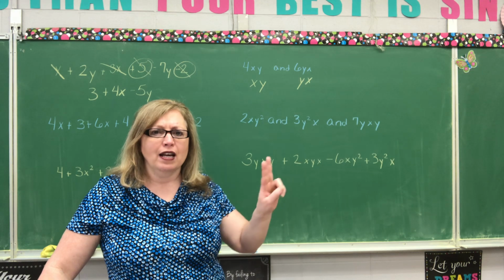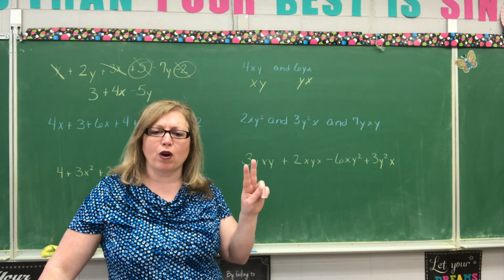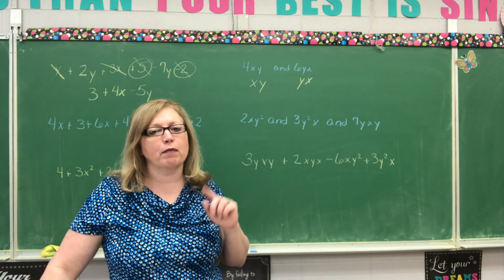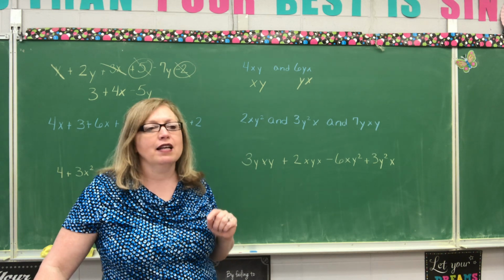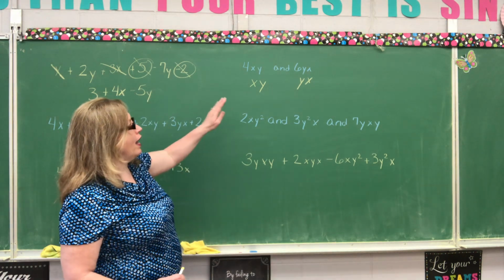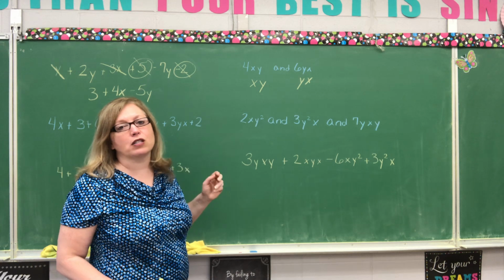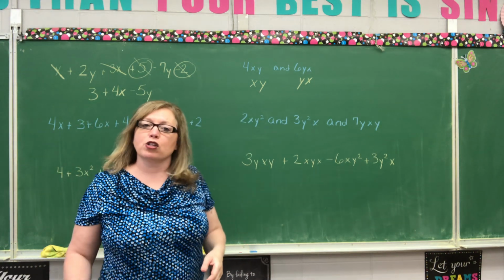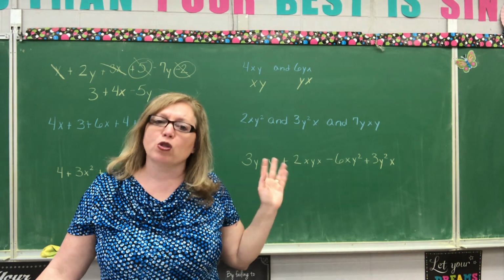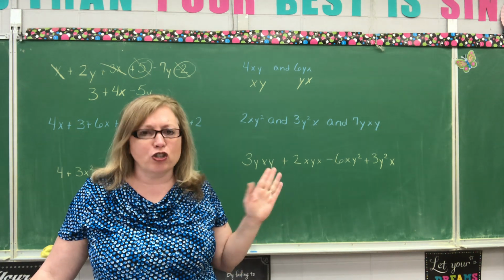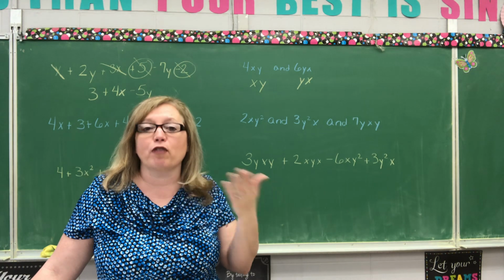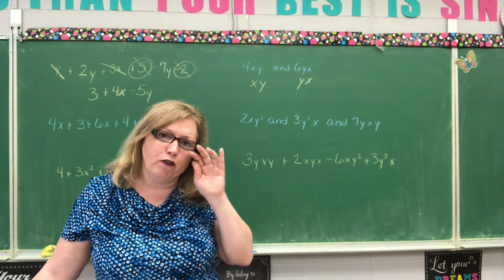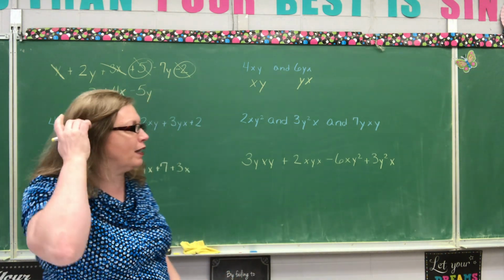In other words, it doesn't matter which order I put those two factors. I'm going to come up with the same product. This is going to be true of xy or yx because these two letters side by side mean that they're being multiplied. So I can multiply them either way. So they are like terms. They're just written, we would say they've written the twin if you were doing this in lower elementary for multiplication.